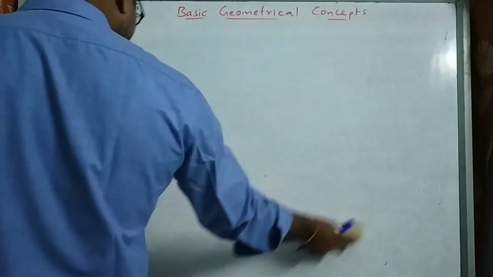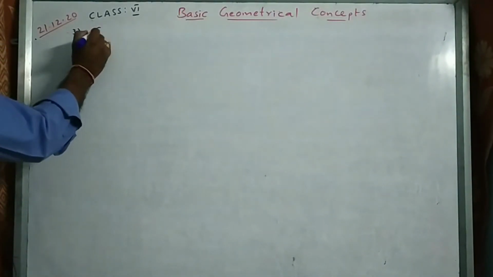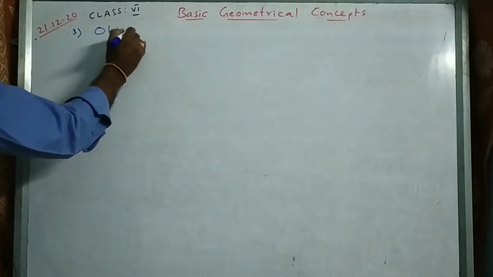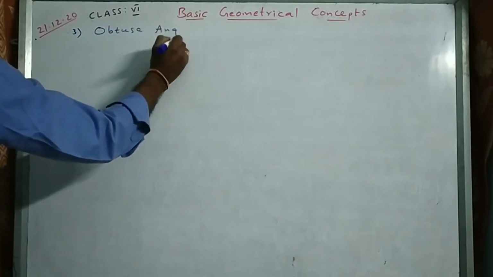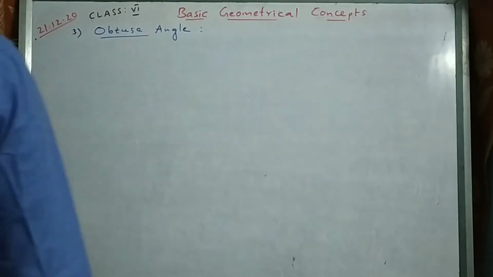Next comes the obtuse angle. Above 90 degrees. Third angle is the obtuse angle. Pronunciation is very, very important. Obtuse angle.